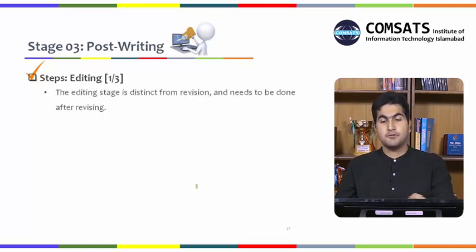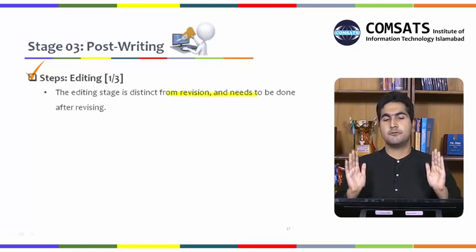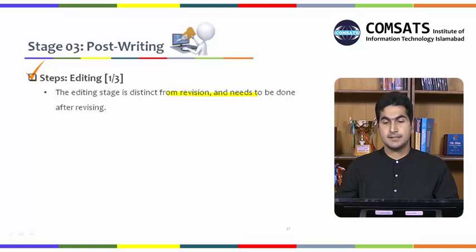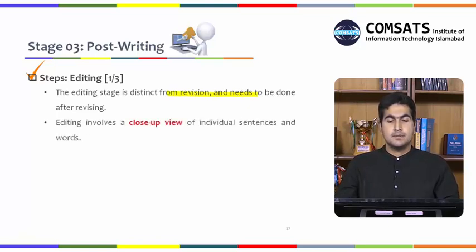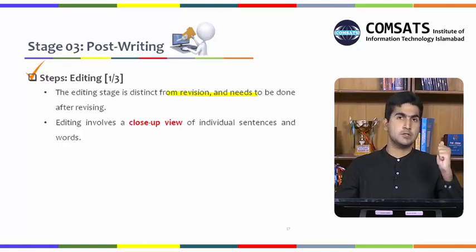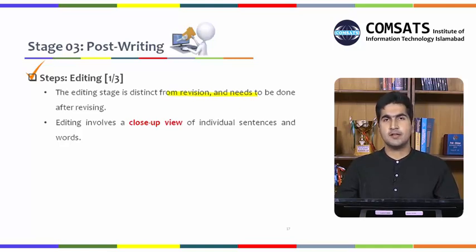But now if we look into the detail, it is distinct from revision. As you are moving from this phase of revision towards the editing, basically it is giving you this close-up view of individual sentences and words. Like I mentioned earlier as well, in case of your previous stage of responding and revising, you're looking at the body as a whole.